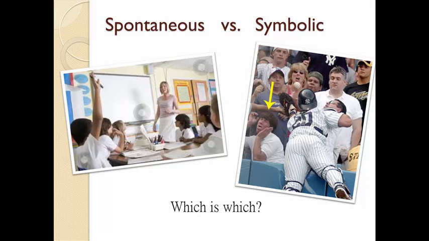So we have different types of nonverbal communication, and I mentioned that it counts if it was interpreted as a message by either the sender or the receiver or both. If you think about which is spontaneous and which is symbolic, which of these examples is more symbolic?